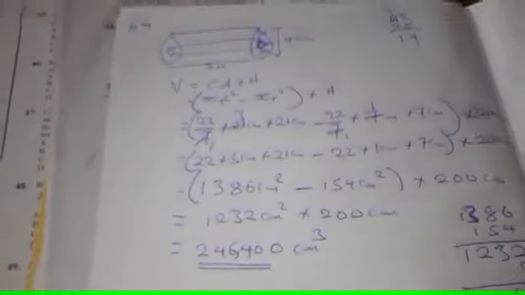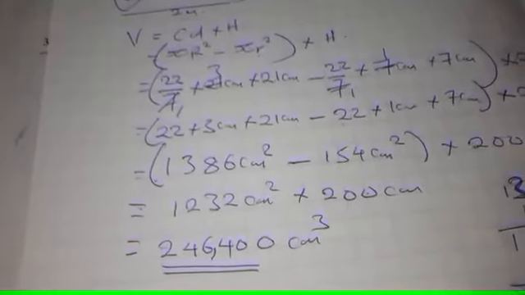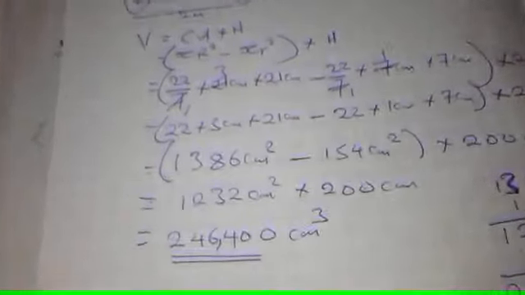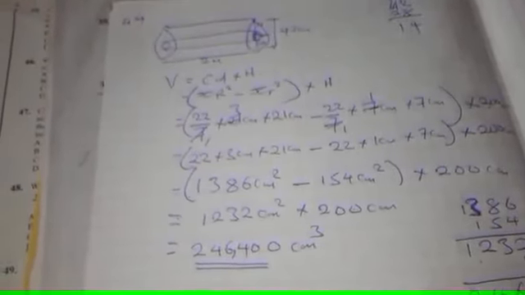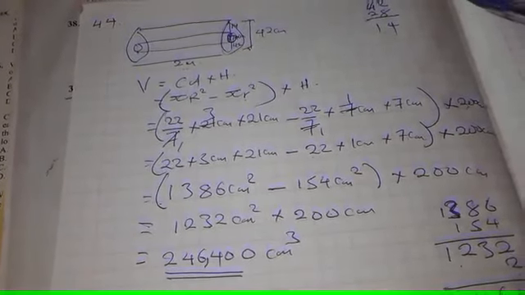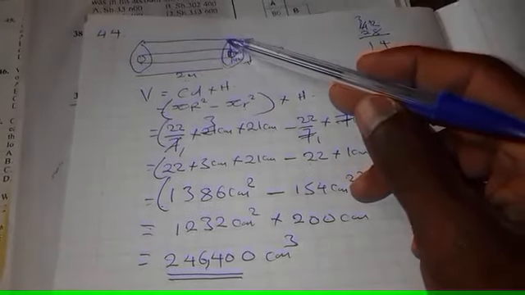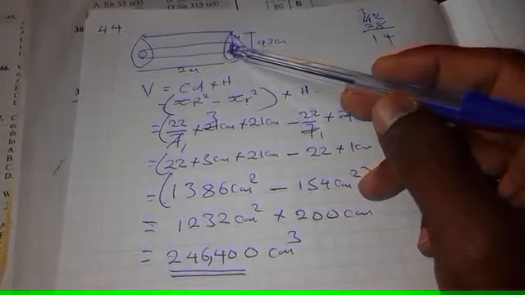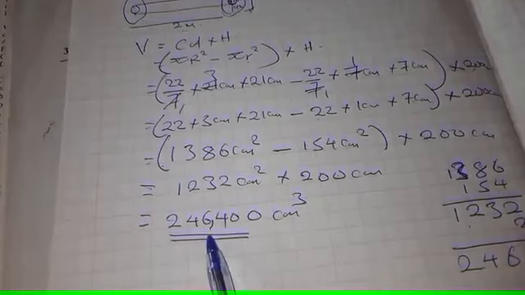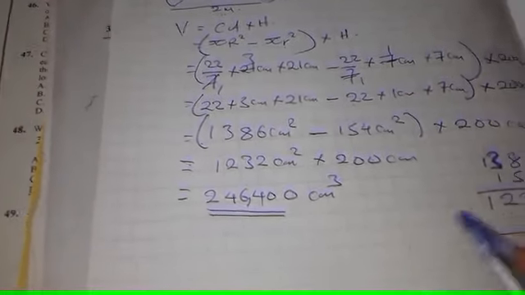So what I've just done, I've just gotten the volume by getting the area of this bigger circle minus the area of the smaller circle, and I've multiplied by the height, and that has given me 246,400 cubic centimeters in choice B.